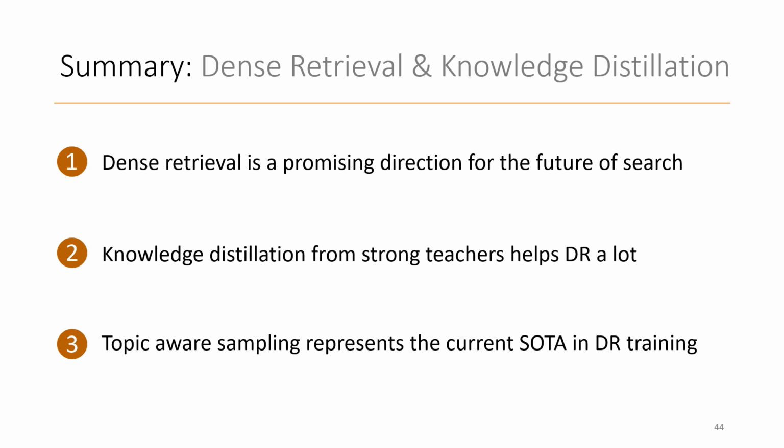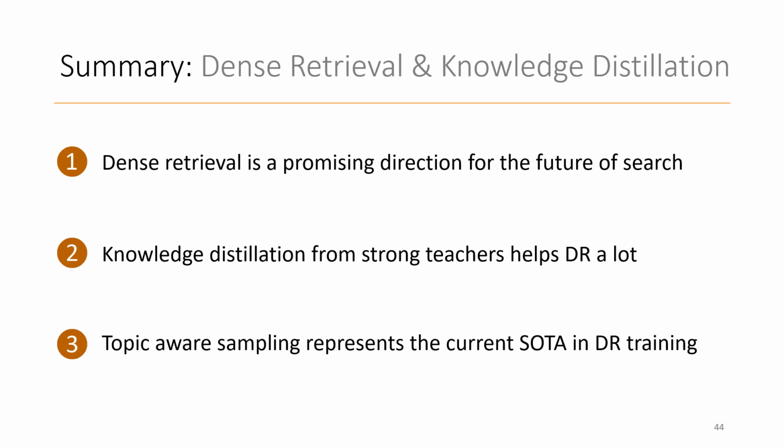To conclude this whole talk about dense retrieval and knowledge distillation, dense retrieval is a promising direction for the future of search, and today we already showed a lot of advancements the community made in the last year alone.